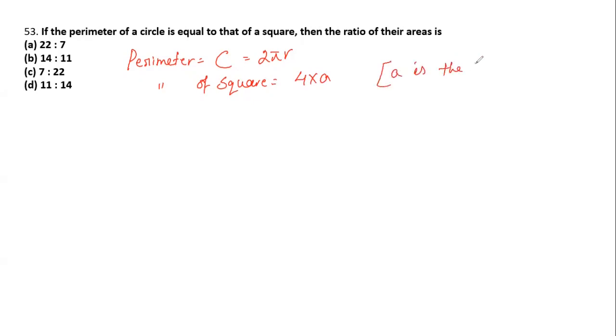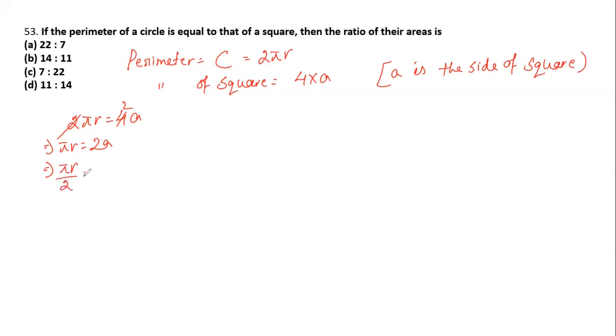So here we write first: perimeter, that means C is equal to 2 pi r, and perimeter of square is equal to 4 multiplied by A, where A is the side of the square. It is the same, a similar question like 52. So again we will put the value of A: 2 pi r is equal to 4A, so pi r is equal to 2A.